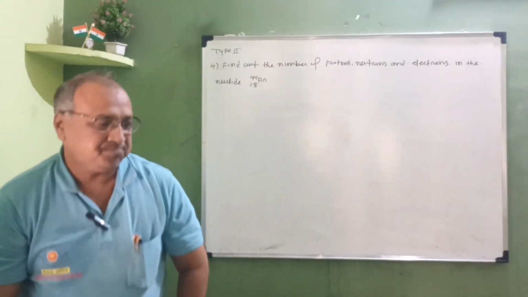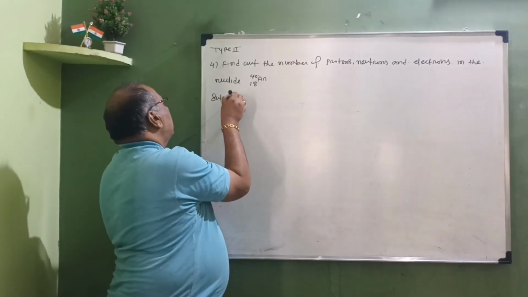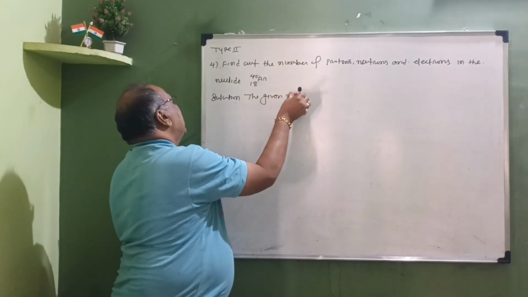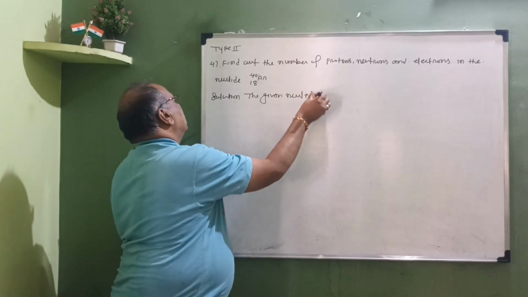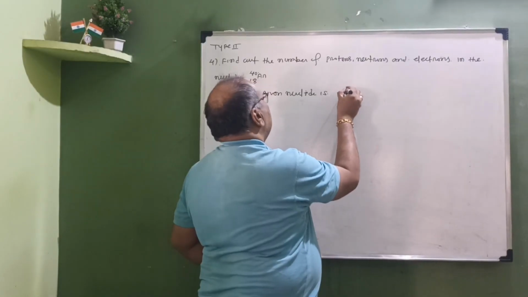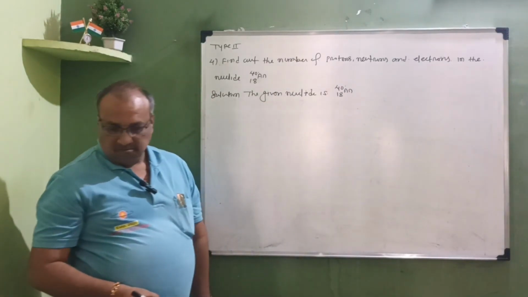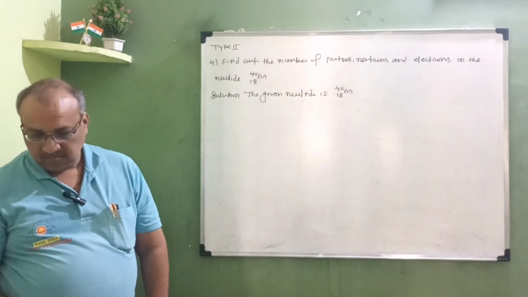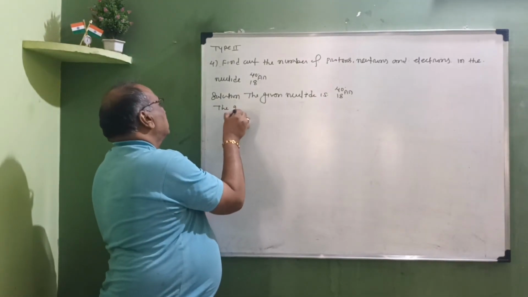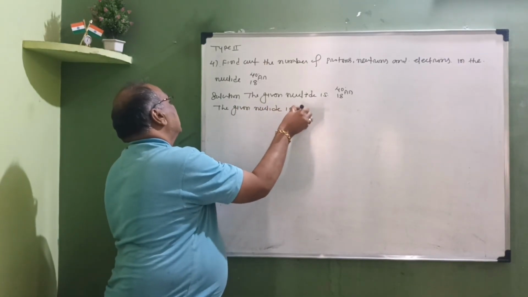Now we write down the solution. The given nuclide is 18 Ar 40. Now here the given nuclide is neutral.